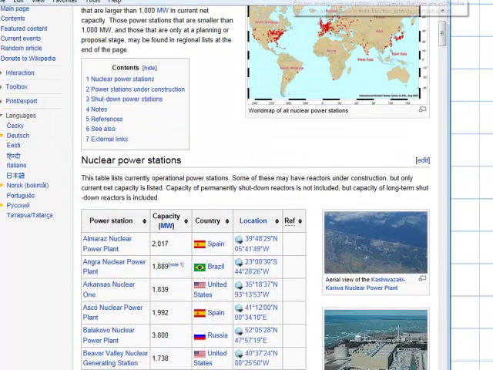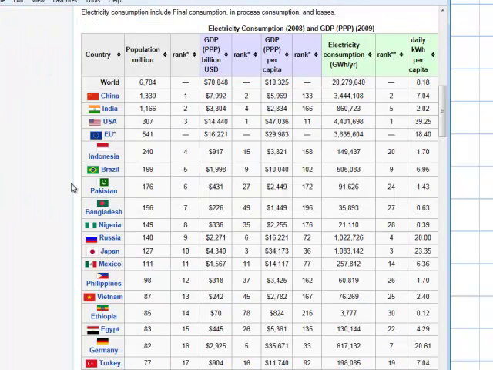As for how it compares to energy consumption, I looked up electricity consumption, because that's what nuclear power plants produce. If I just look at the US, I come up with 4 million gigawatt hours per year needed from any kind of fuels. Let me show you how that compares.